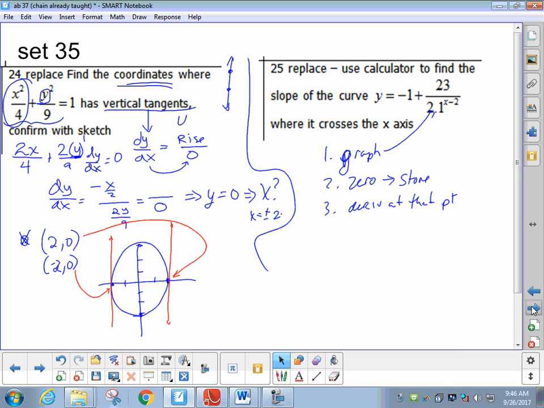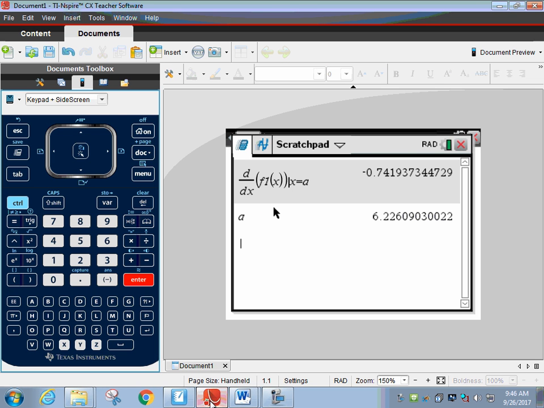I had 6.226 for the zero. That's the x. And the slope is negative 0.7419. Are you good with that, or do you want to walk through how to do that? Okay. I'll assume that you are good.